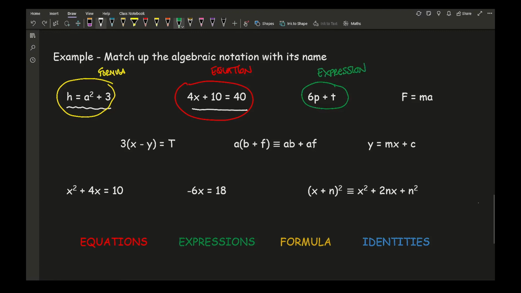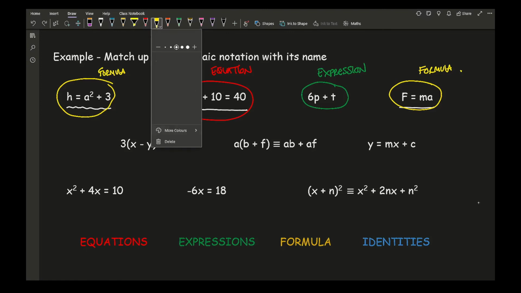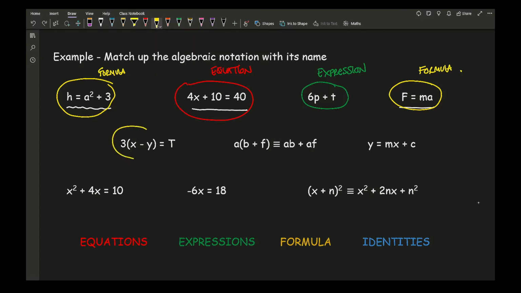With this fourth one here of F equals ma, I've got more than one letter and an equal sign, which therefore means that that is going to be a formula. Then with this next one, you can see here I've got more than two letters and an equal sign, so that also is going to be a formula.